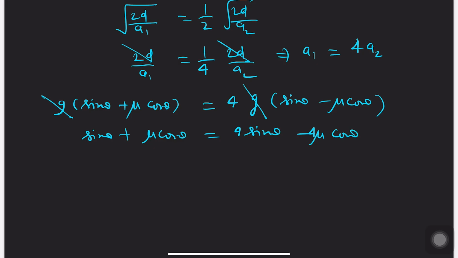It will become 5 mu cos theta is equal to 3 sin theta. So mu is equal to 3 by 5 tan theta.